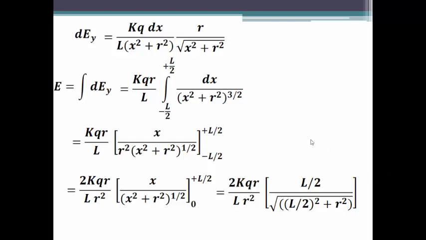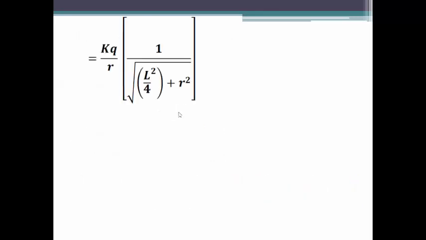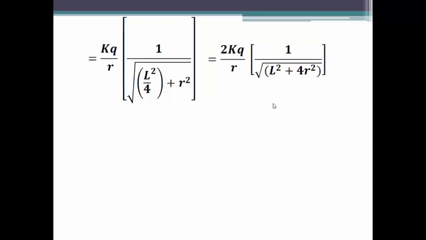Now, cancelling out the common terms, we are left with kq by r into 1 upon square root of L square by 4 plus r square. Simplifying it further, we get 2kq by r into bracket 1 upon square root of L square plus 4r square.